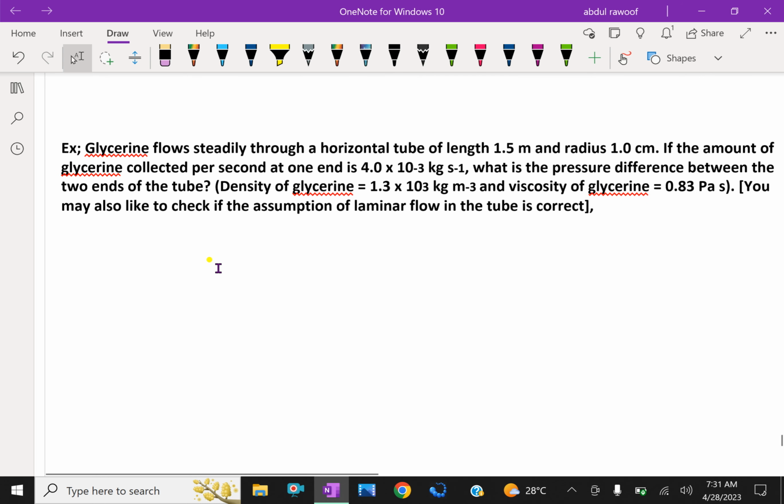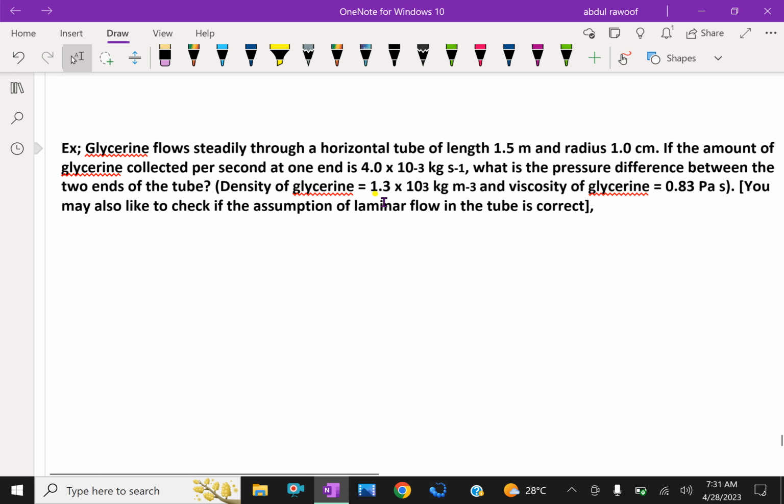Next question. Glycerin flows steadily through a horizontal tube of length 1.5 meter and radius 1 centimeter. If the amount of glycerin collected per second at one end is 4 into 10 power minus 3 kg per second, what is the pressure difference between the two ends of the tube?